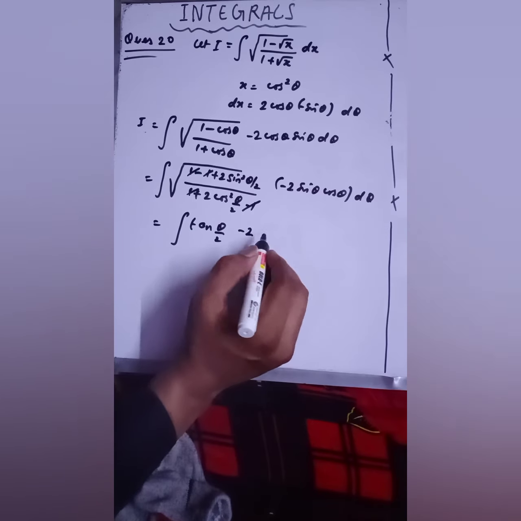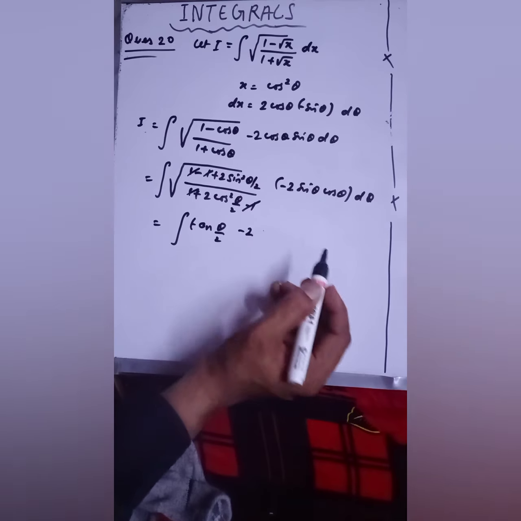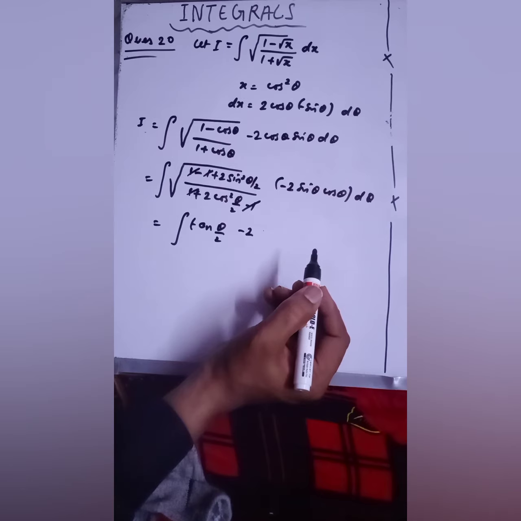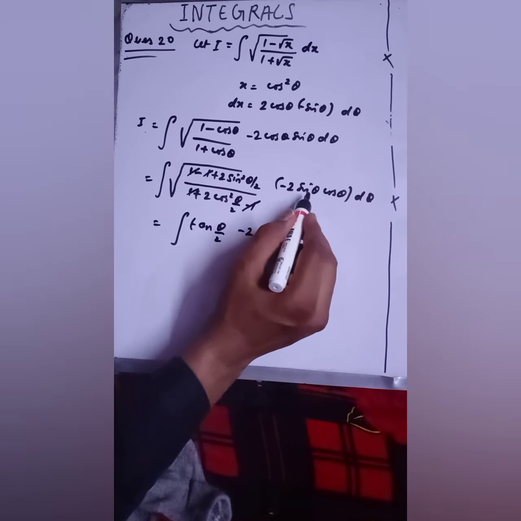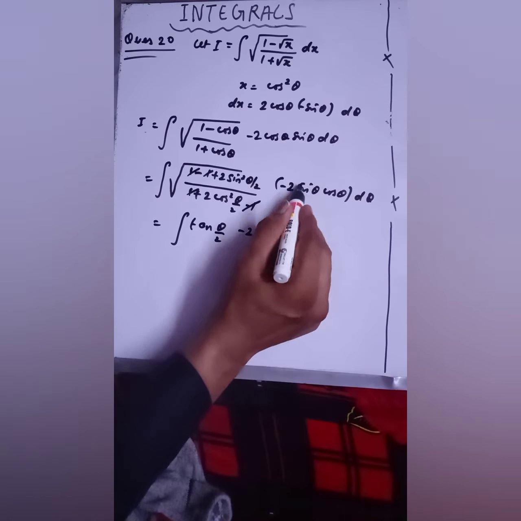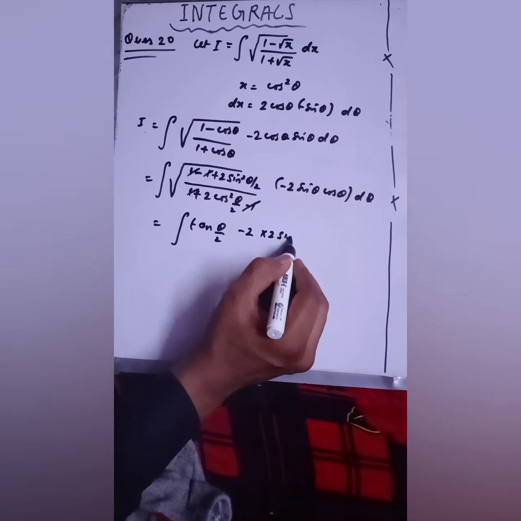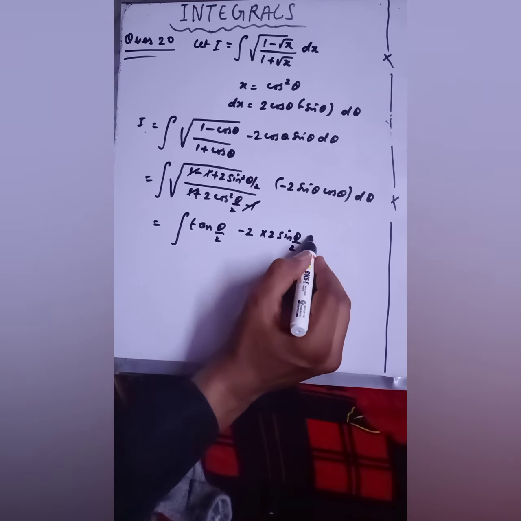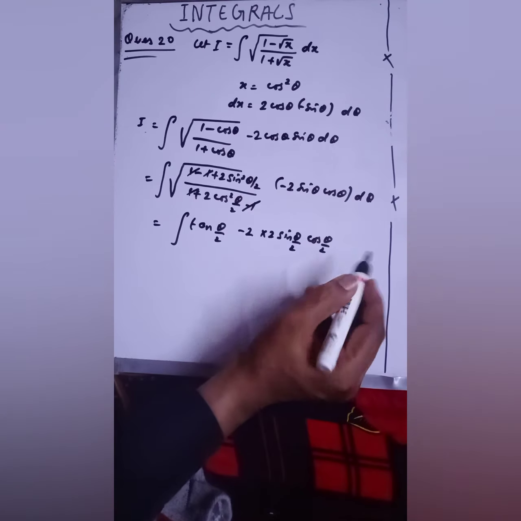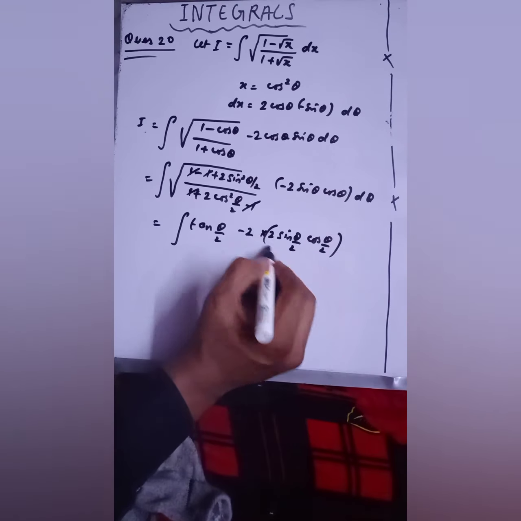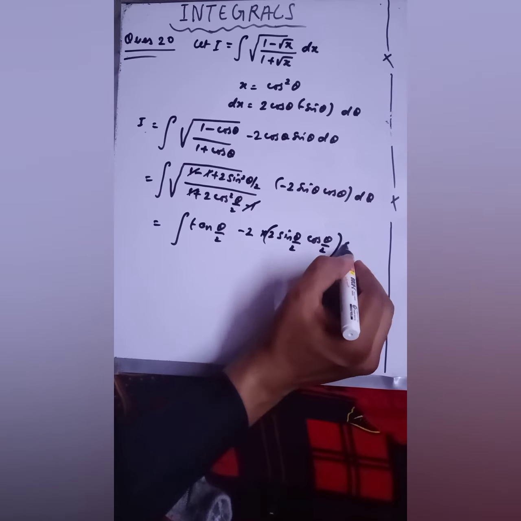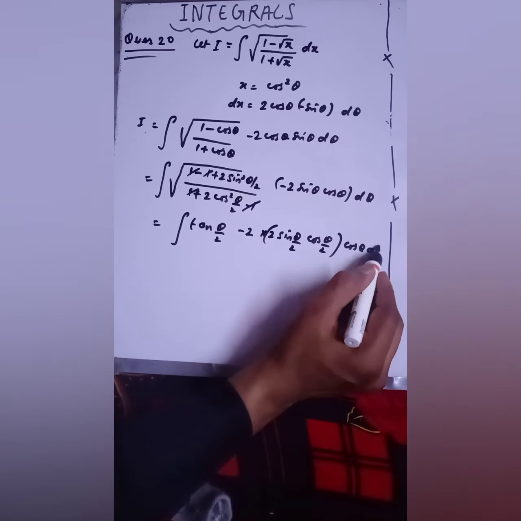Then minus 2, and now in place of this sin theta I am putting 2 sin theta by 2 cos theta by 2, and your cos theta will remain the same, into d theta.